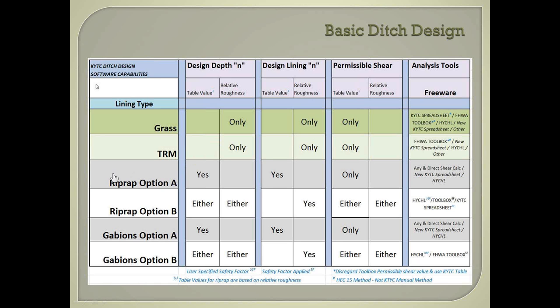In regard to riprap and gabions, these are essentially very permissive design criteria according to the manual, and it's represented here in the chart where both the depth and the design lining can be from the table, and on the other hand, where it is needful and beneficial, it can be the relative roughness.